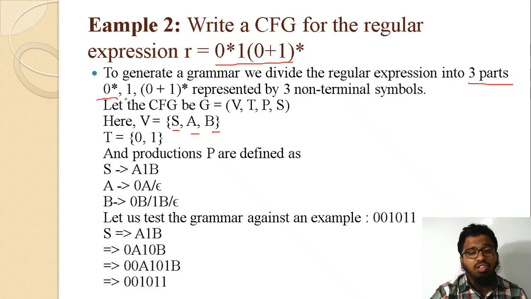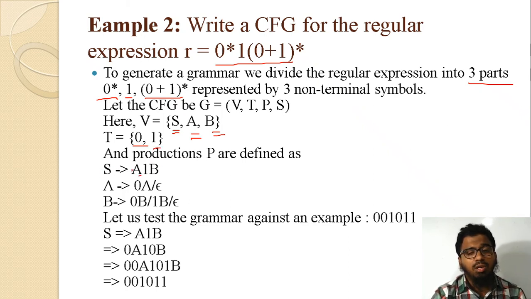First one is 0 closure, second one is 1, and third one is (0 plus 1) closure, represented by 3 non-terminal symbols. What are the 3 non-terminals? S, A, and B. And what are the terminals? We have only 0 and 1. So 0, 1 are the terminals.